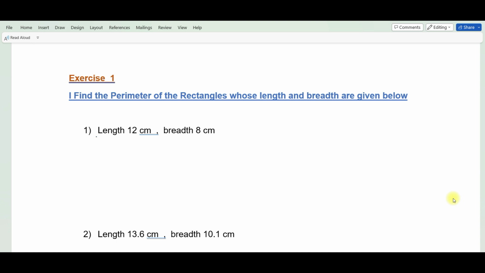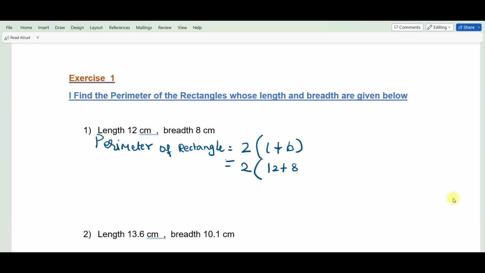That is, perimeter of rectangle is equal to 2 into (L plus B). Now we have been given the length as 12 centimeters and the breadth as 8 centimeters. We'll simply substitute the values, that is 2 into (12 plus 8).